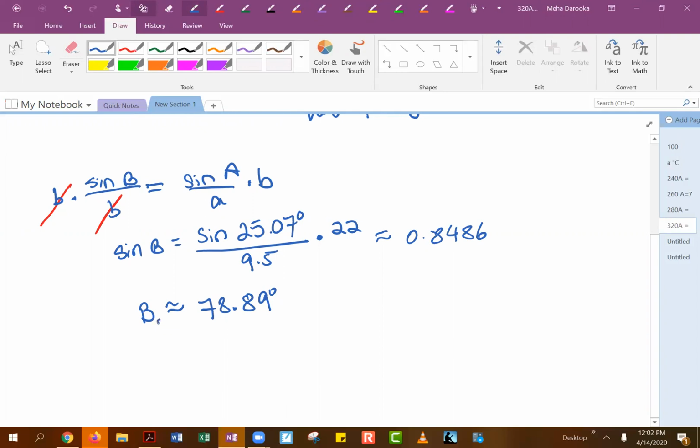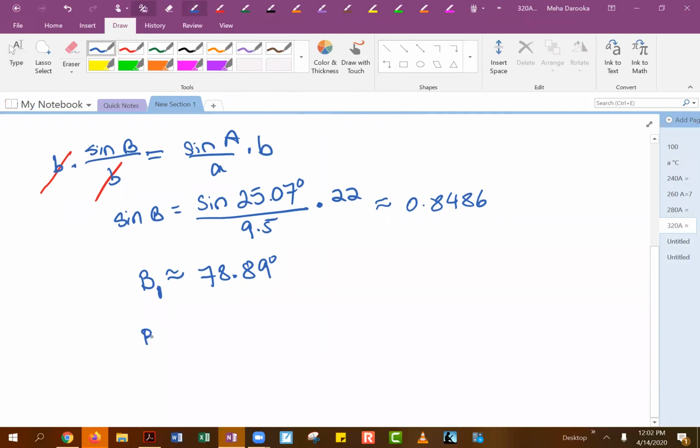I'm going to call this one angle B1 for the first triangle. To find the second angle, B2, you just take 180 degrees minus this angle you just found, 78.89. When you subtract that, you get your second B angle, which comes out to be 101.11.